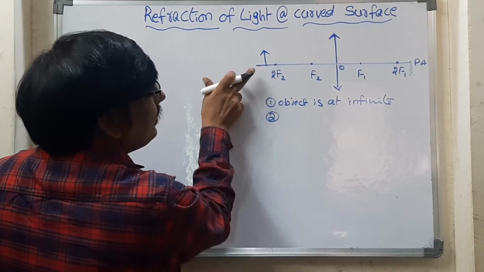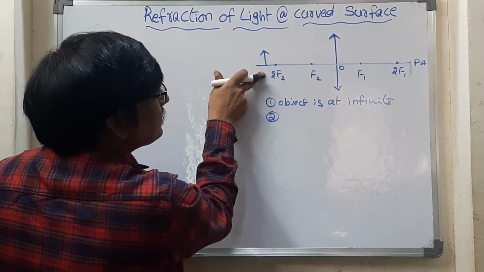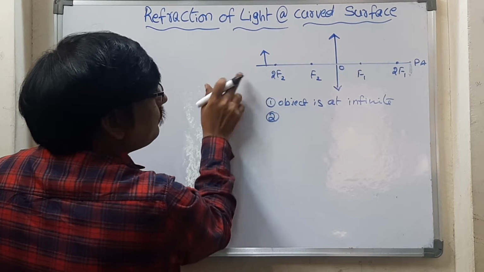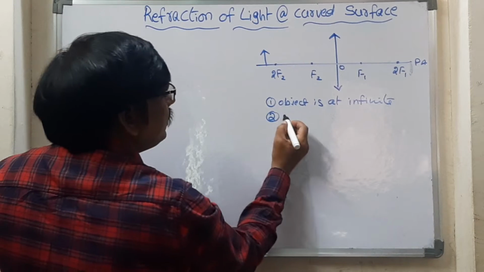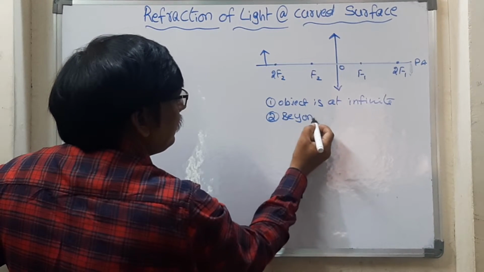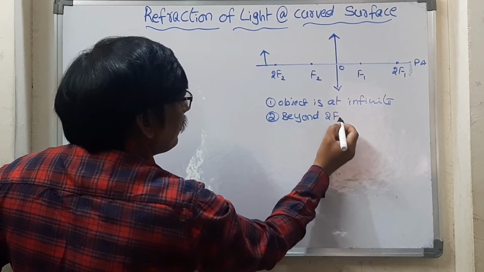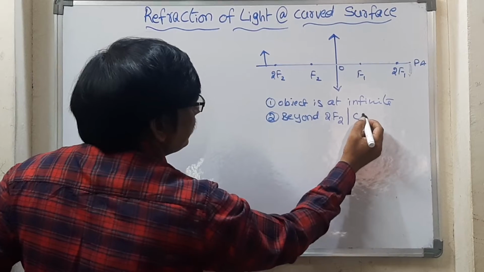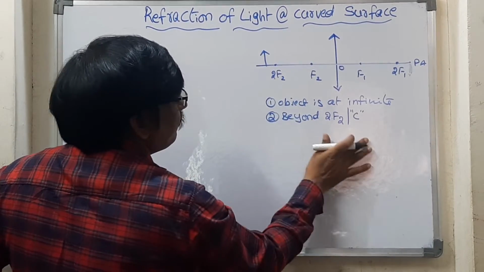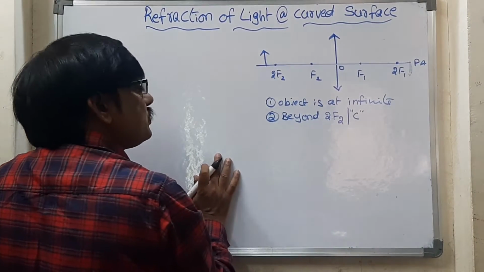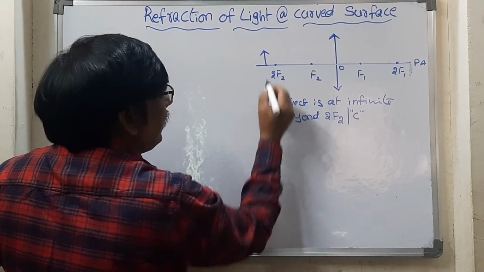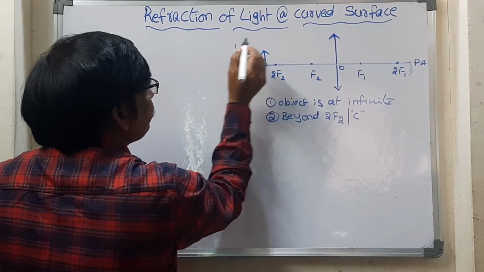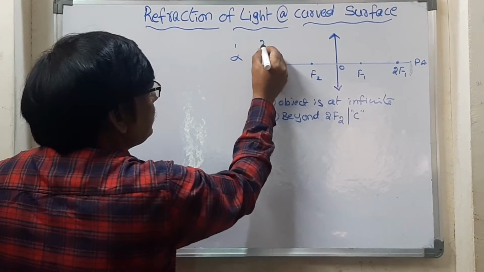The object is expressed like this, an arrow mark upwards. This is the symbol for the object. Where will the object be placed? Beyond 2f2, or also we can say beyond the center of the sphere, center of curvature. That is the second situation. Infinity is the first situation, beyond 2f2 is the second situation.